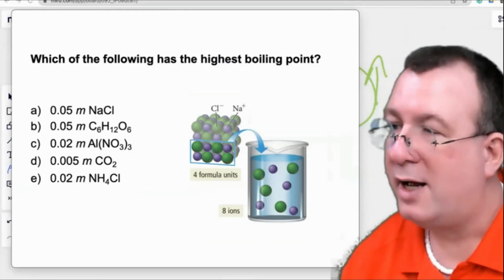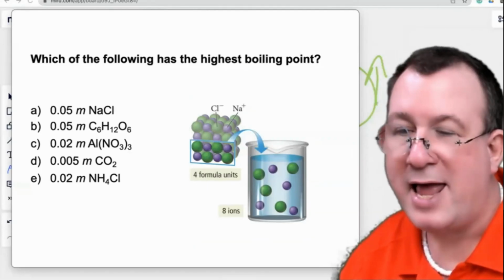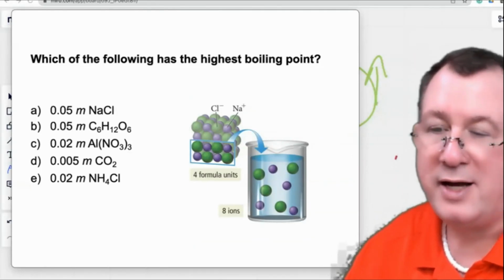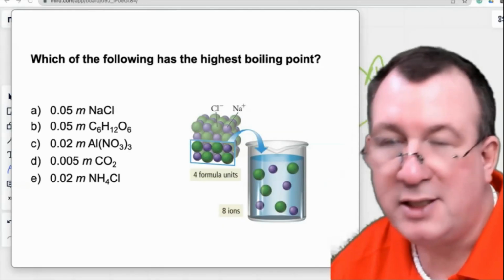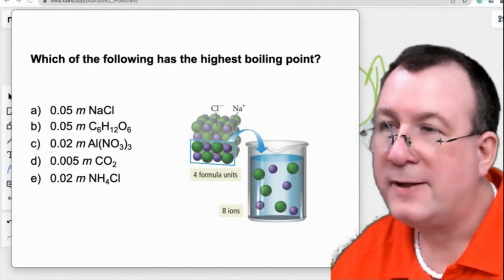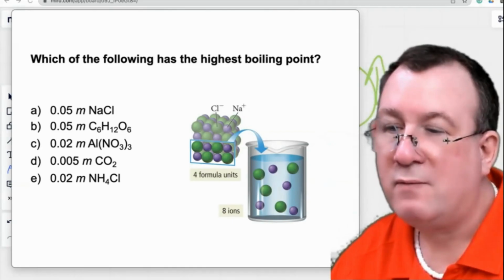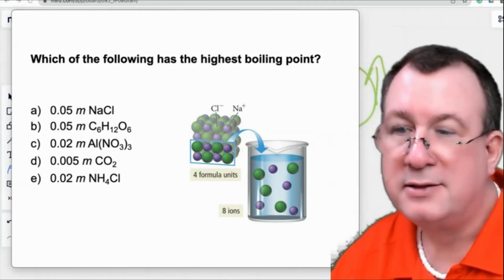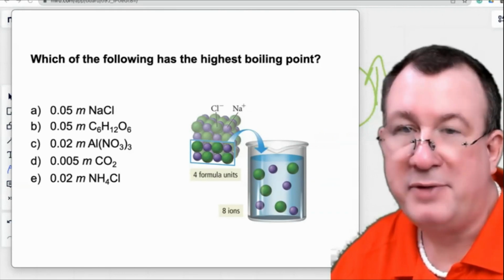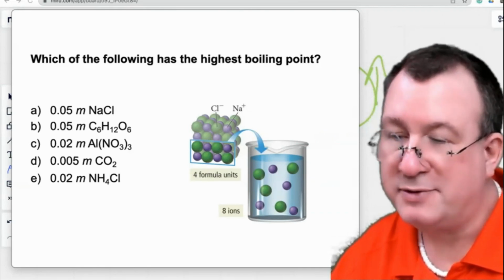Now, if I have each of these solutions, which one of these is going to have the highest boiling point? A, B, C, D, E. What do you think? Any guesses? Well, let's see. I know it's not going to be B because B is a molecular substance.